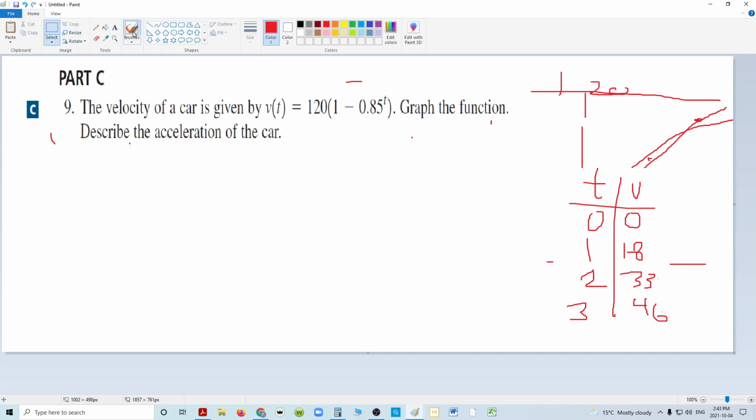So that means the derivative is going to be minus 102 times the function itself, times the derivative of that, and describe the acceleration of the car.